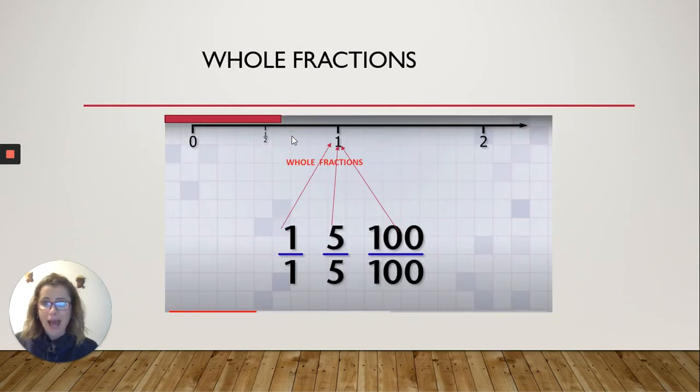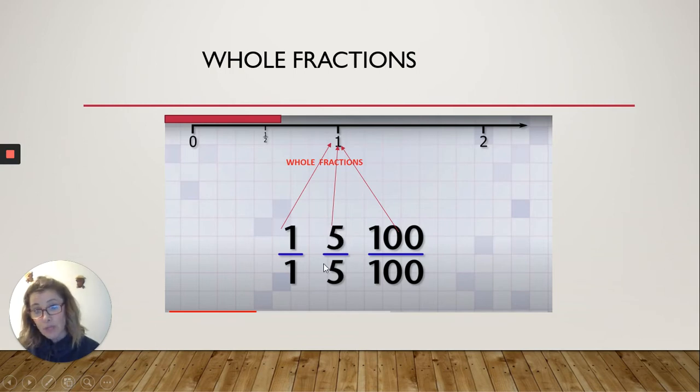Then we have the whole fractions, in which, as you can see here, the numerator is the same as the denominator. For example, 1/1, or 5/5, or 100 hundredths. Imagine that you have a cake and you cut it into 5 equal parts and you add the 5 parts.